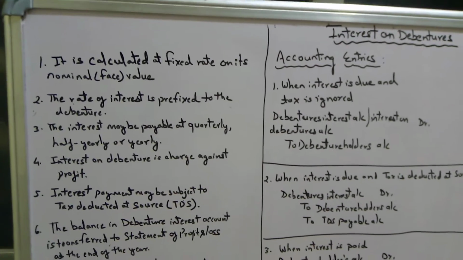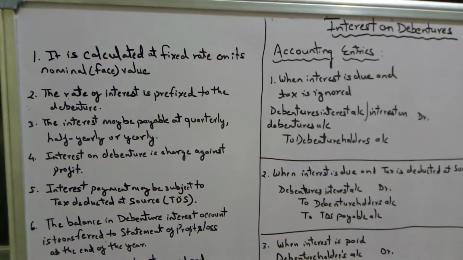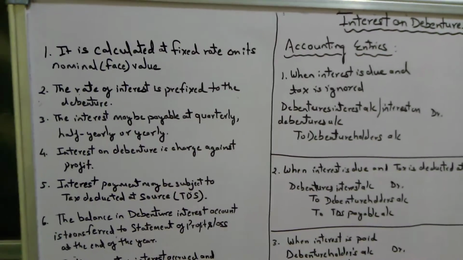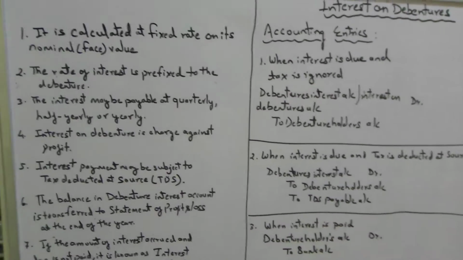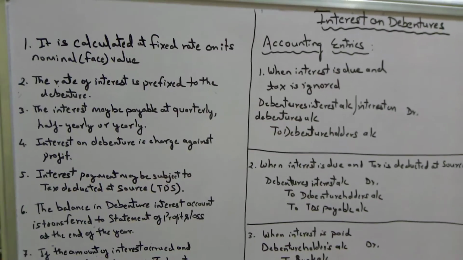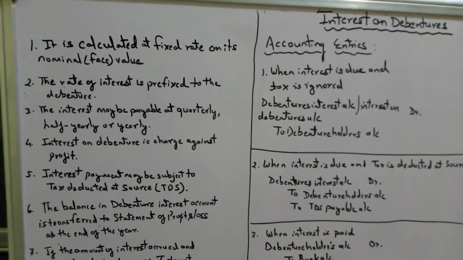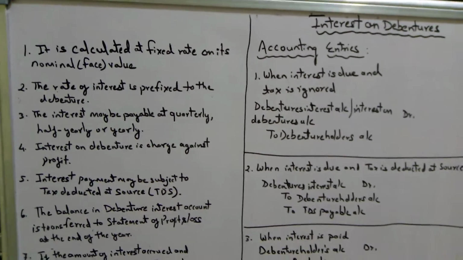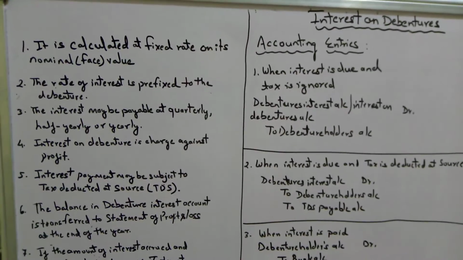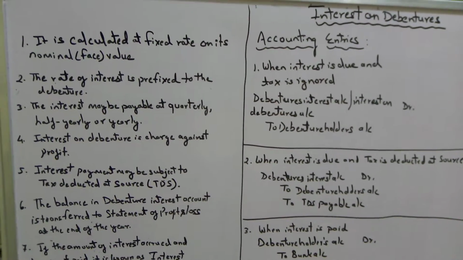Second point, the rate of interest is prefixed to the debenture. Third point, the interest may be payable quarterly, half yearly or yearly. So if it is asked in the question to calculate the interest on debentures yearly, then we will calculate it for a year, 12 months, right?